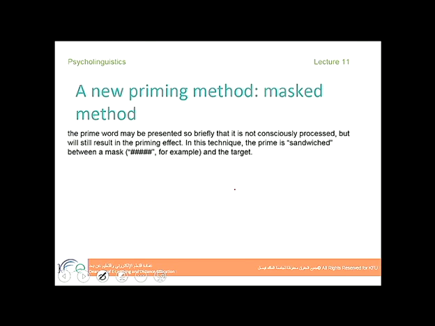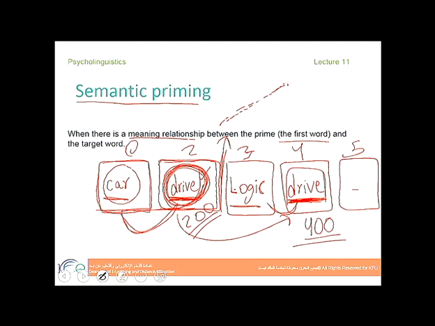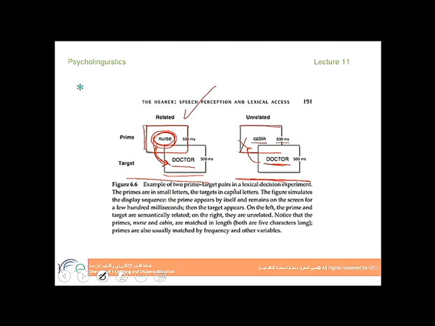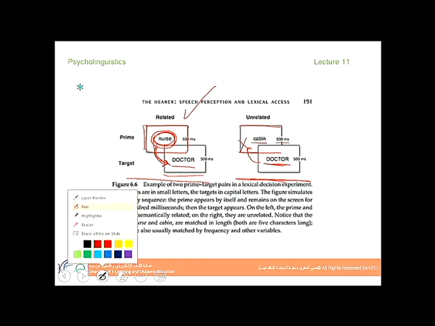Alright. Now here is simple priming. When I showed you the words, for example, student, teacher, car, duck, this is called simple priming. Let's look at the first example here.